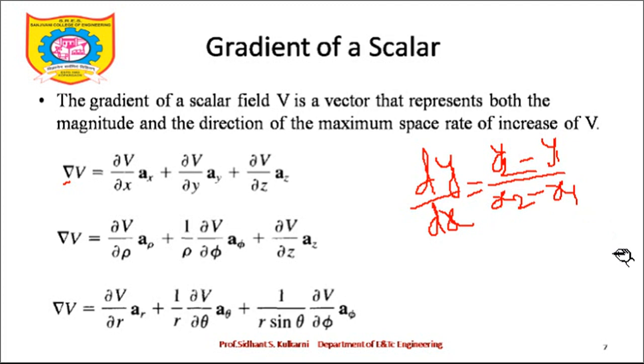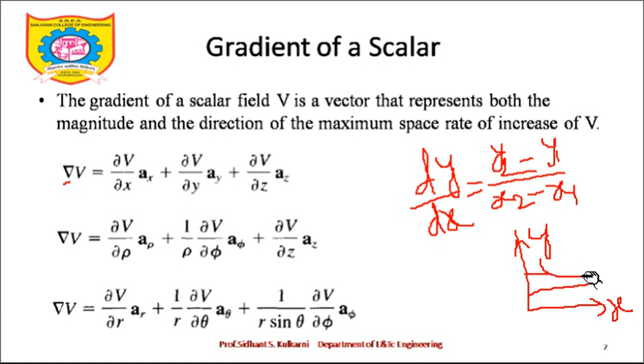What does it mean exactly? If someone asks you what differentiation is, differentiation is nothing but a slope. So if I want to draw a certain curve, let's say this is the x-axis, this is the y-axis, and this is a curve, any curve. Differentiation is the rate of change of y.